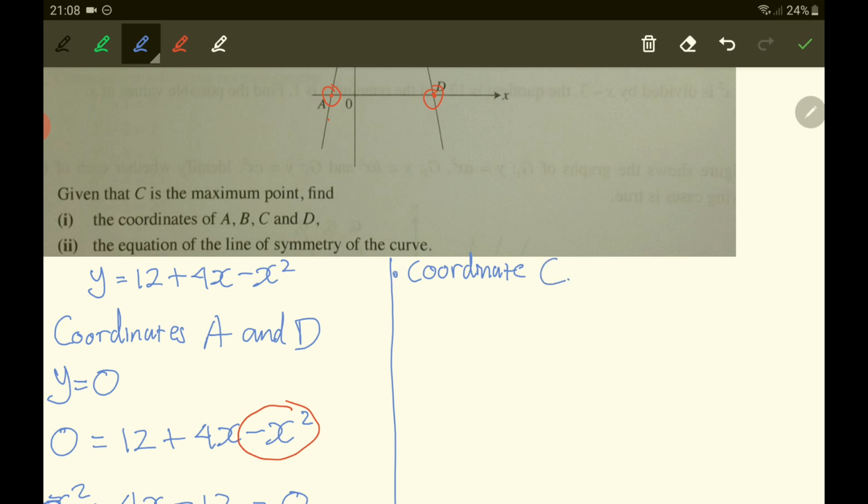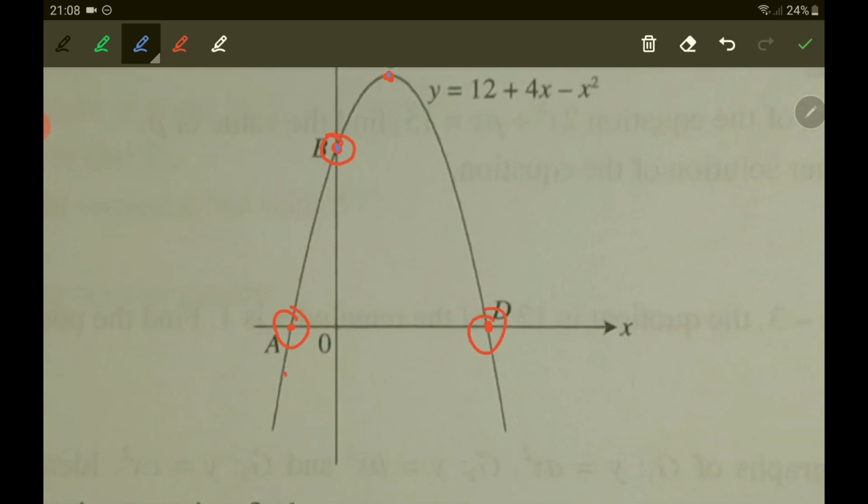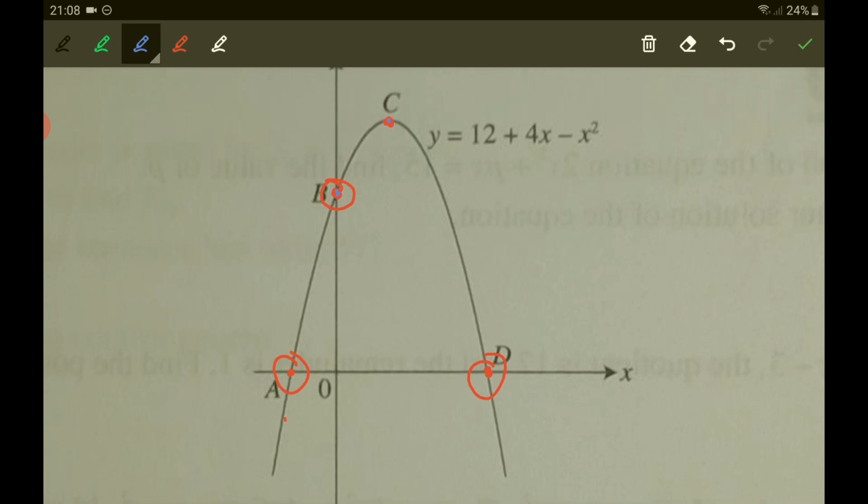To find the coordinate C, we need to find the x maximum. Because the quadratic curve is always symmetrical, this value of x is located exactly in the center between A and D.